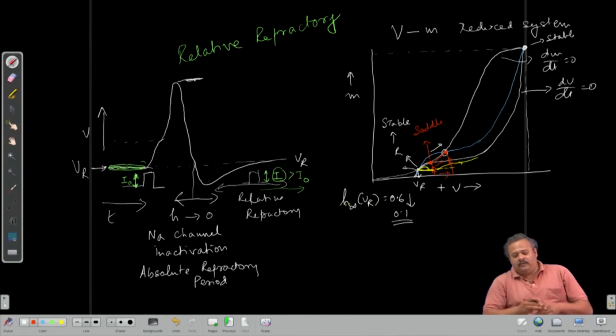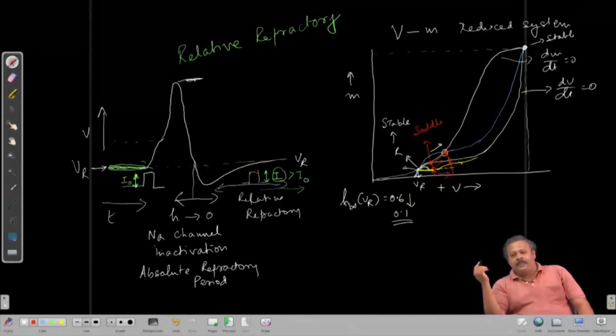If you simulate this, you will see that it goes to around minus 40 millivolts instead of the minus 56 millivolts that was there earlier. That means we now need a larger current to move the neuron from V rest, or close by, beyond the threshold and produce an action potential.